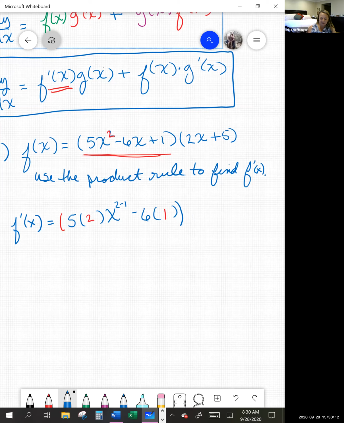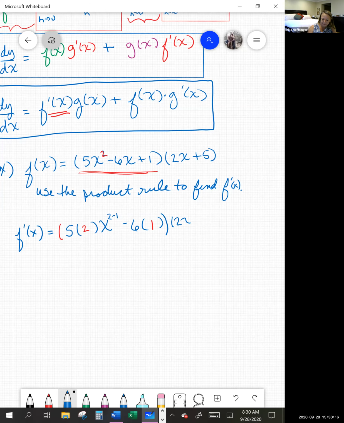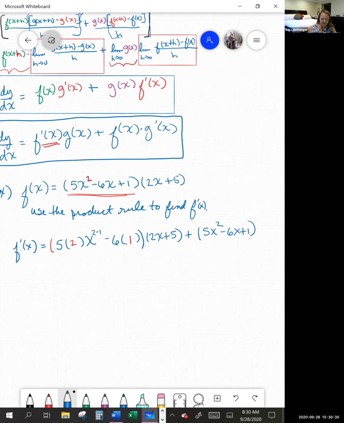So it says take that derivative times the second, 2x plus 5, plus the first function, 5x squared minus 6x plus 1, times the derivative of the second. So if I take the derivative of the second, that gives me just 2.